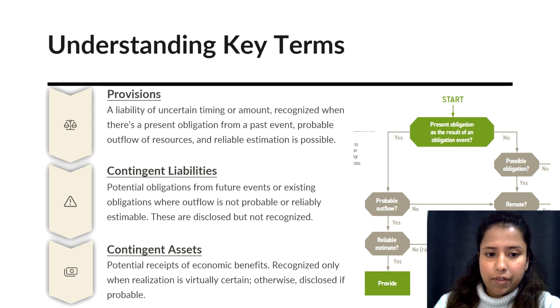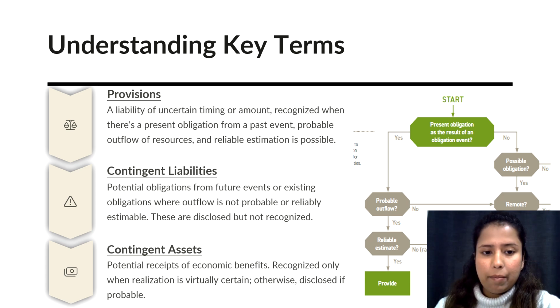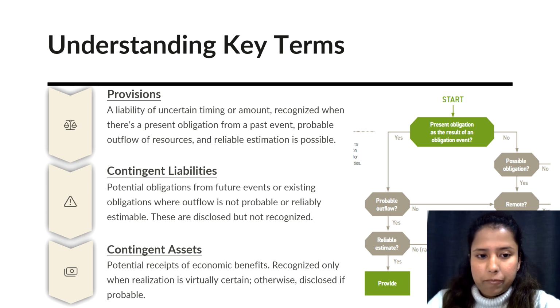This refers, for example, to compensating customers who were harmed by the bank's past misconduct, such as charging unfair fees, providing poor financial advice, or failing to deliver promised services.